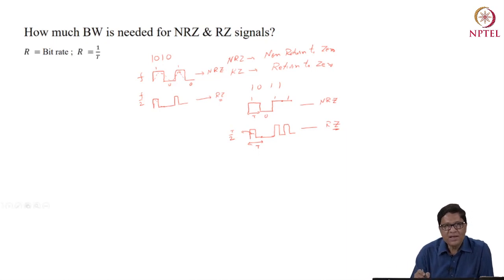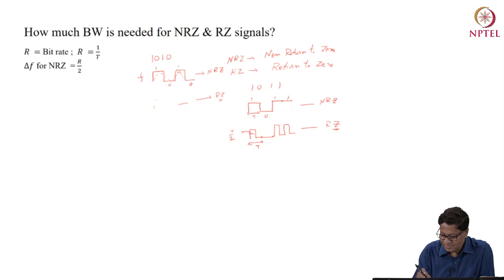So for NRZ, I require equivalent to this distance. Let me first explain this. The delta F, the bandwidth required for NRZ, will be actually R by 2. Here, I'm sorry, this is not F by 2, this is 2F, sorry. Let me redraw this.